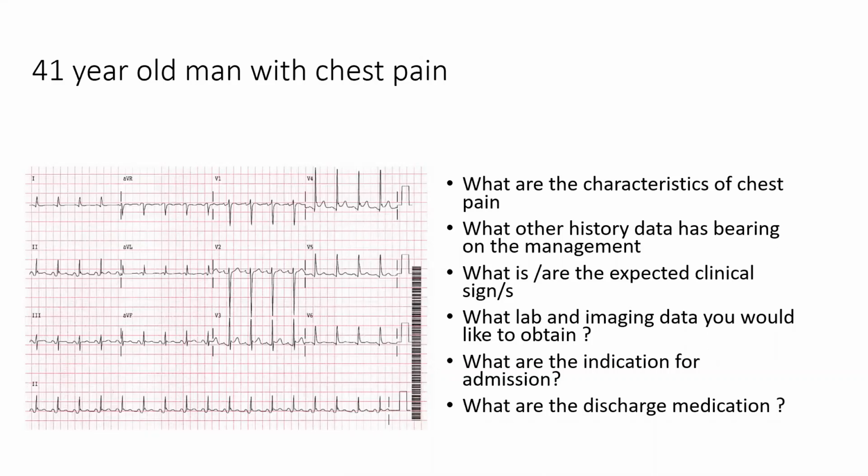Maybe features suggestive of cardiac tamponade. Okay, so not all patients. What other types of patients are you going to admit? If there is fever, you better admit this patient.